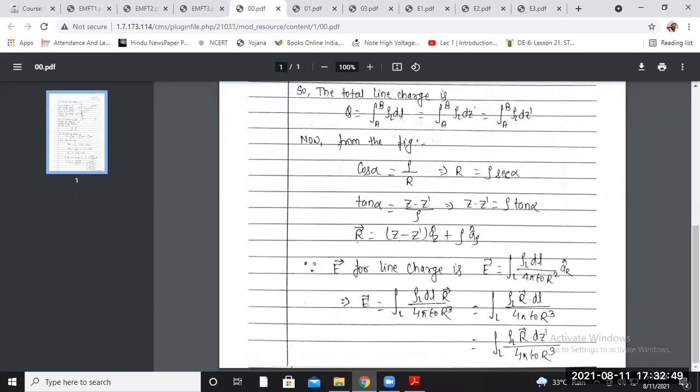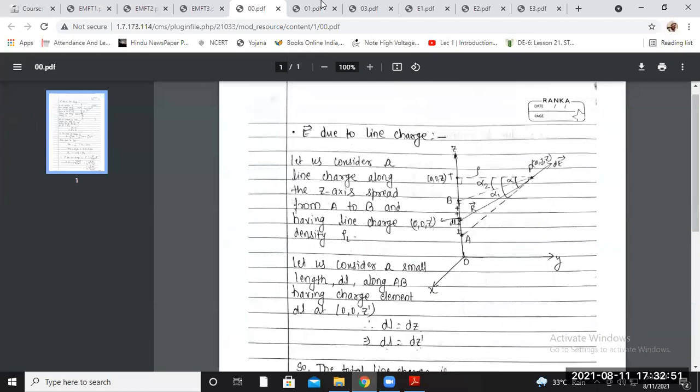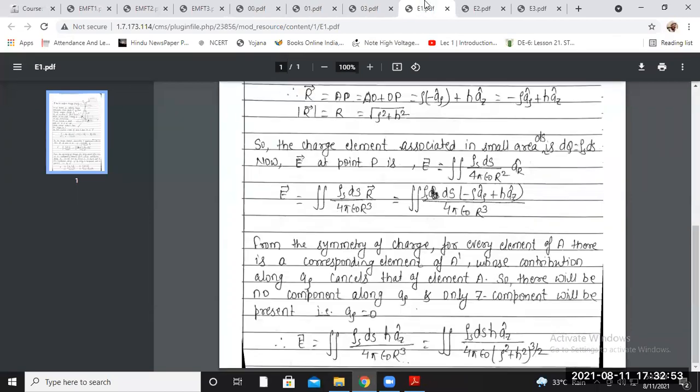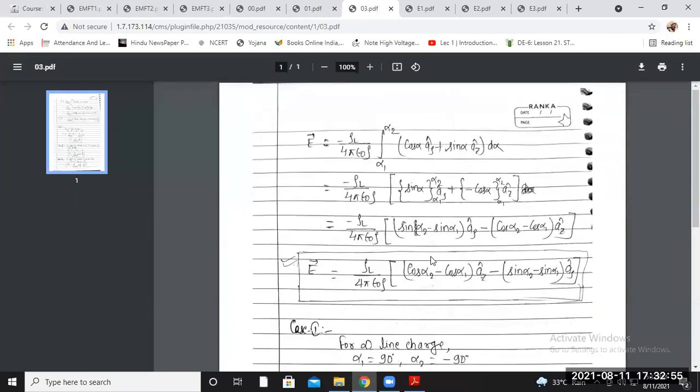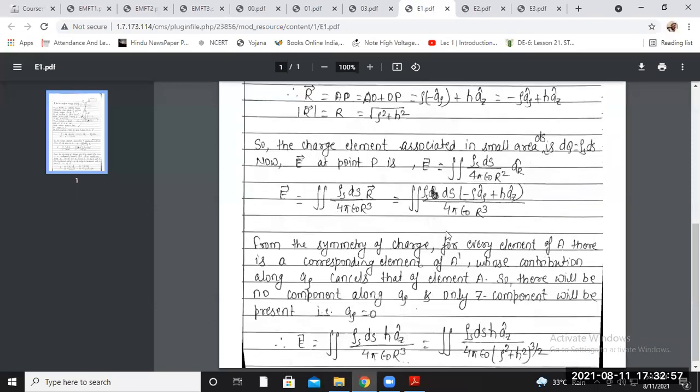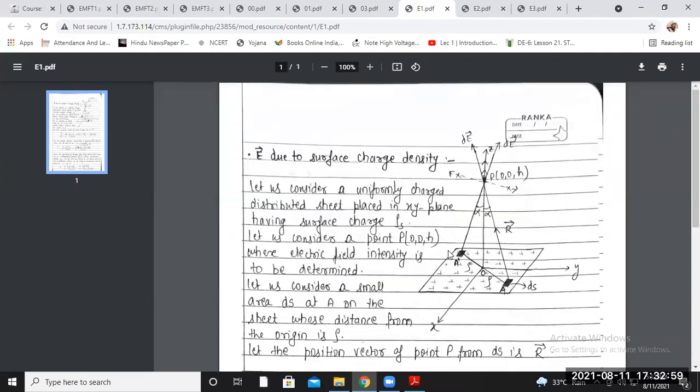We will discuss in the next topic the surface charge density. That means, let us say you have a table and many charges are placed there. First we will complete this derivation part, then we will move to the numerical part. Then only you will understand the basic concept regarding surface charges, line charges or volume charge density.